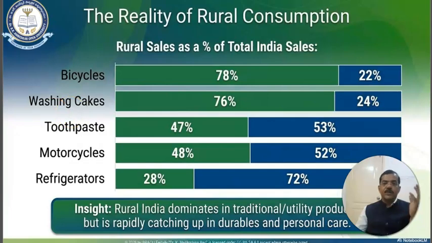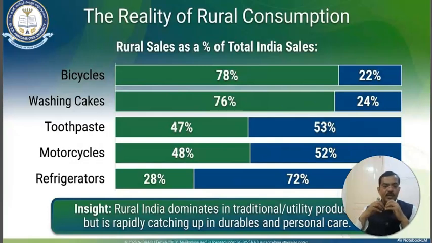Now we move to the reality of rural consumption, how the numbers look. The rural India accounts for 78% of all bicycle sales and cycle sales.